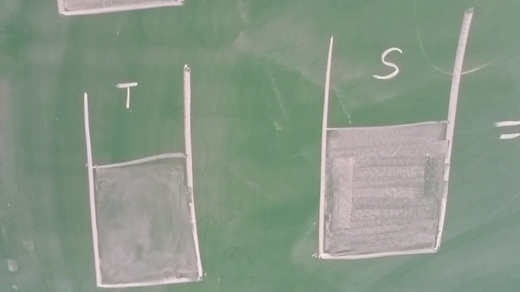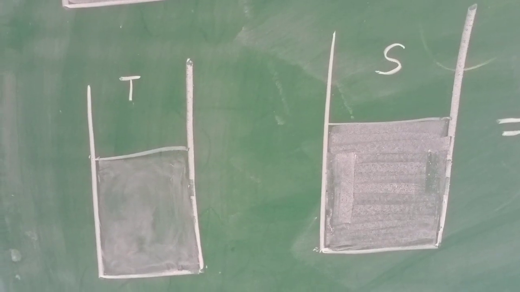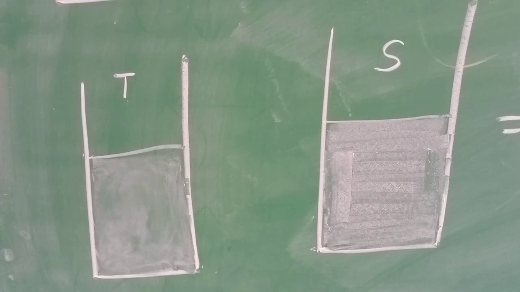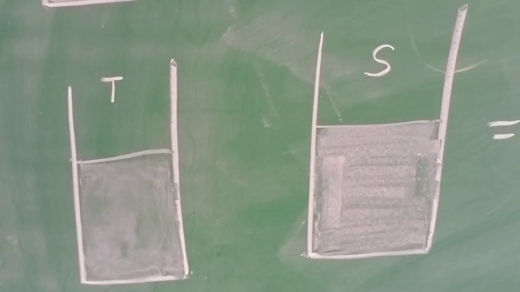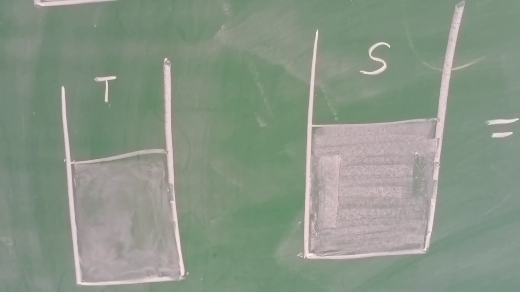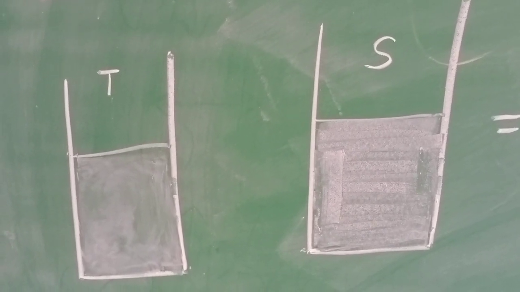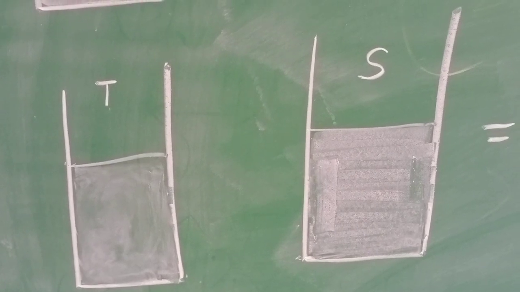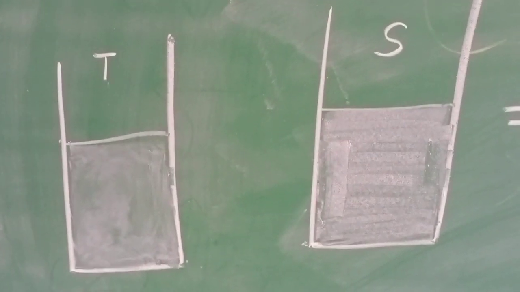So here also I have depicted the two Nessler cylinders and the two solutions diagrammatically, where T indicates the test and S indicates the standard solution. Now when we compare the turbidity in this case, we find that the standard has more turbidity than the test solution.